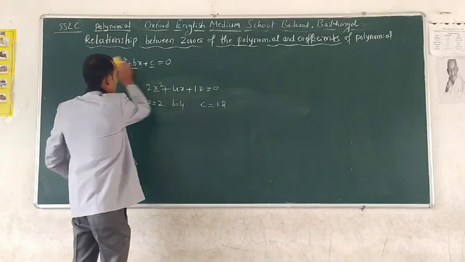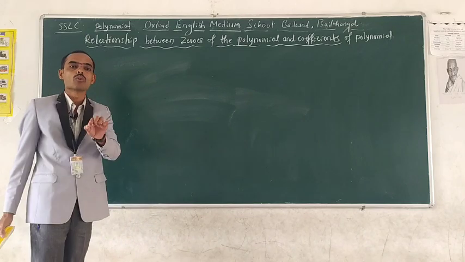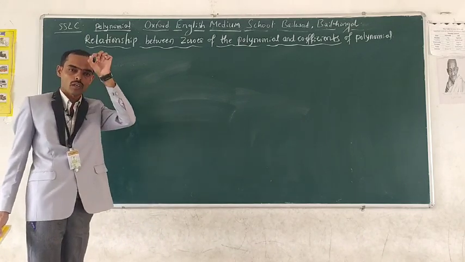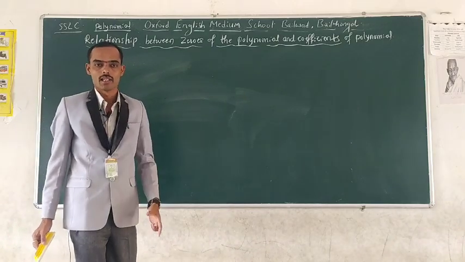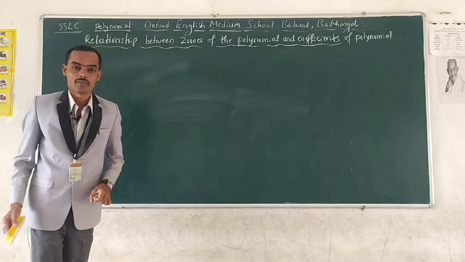I will take one example to check the relationship between zeros of the polynomial and its coefficients. There are two main formulae for sum and product. If they give a quadratic polynomial, first we have to find the zeros of the polynomial by the splitting method, then compare with those two formulae.